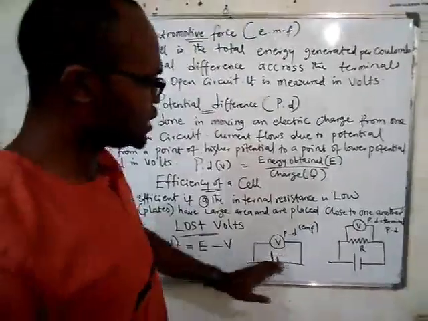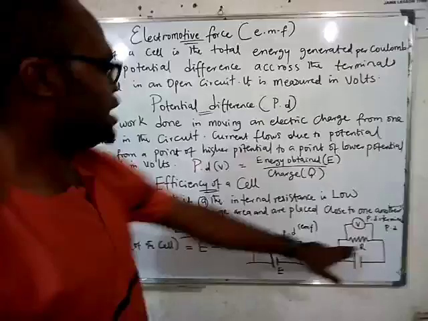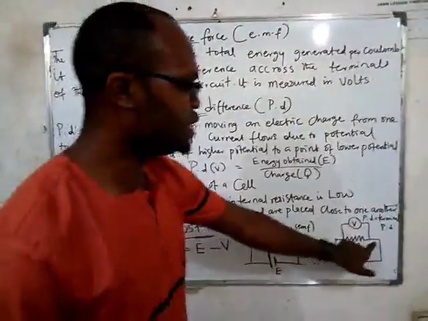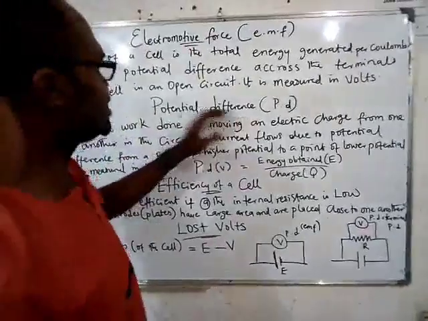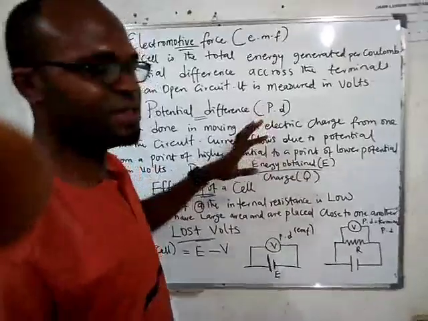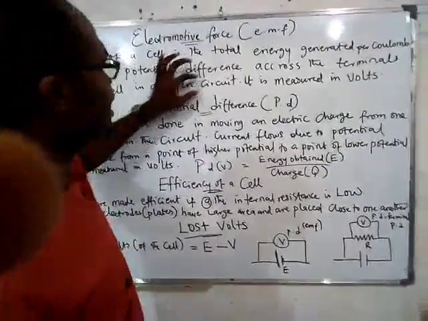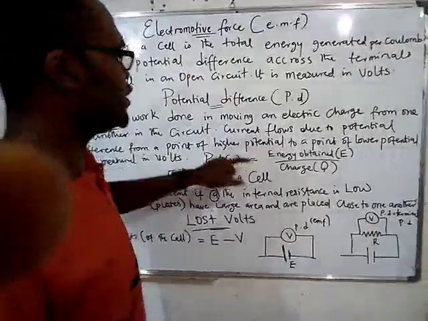But when the cell is connected to other things, other electrical components like a resistor, we talk about the potential difference between 2 points. So potential difference and electromotive force, both of them are measured in volts. It's just that this one measures for the cell in an open circuit, whereas this one measures across the whole circuit.